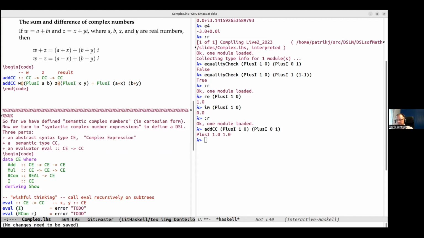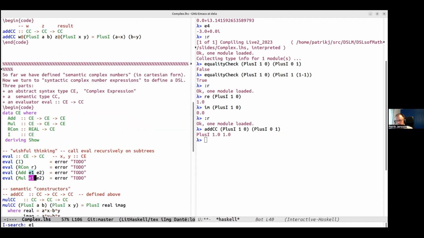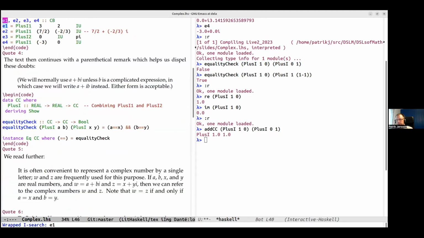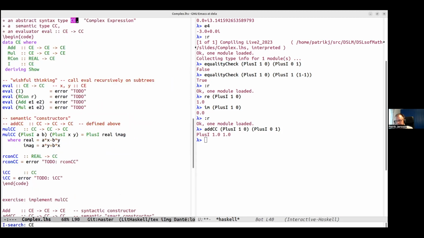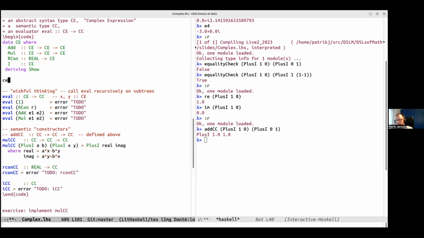So this is a recursive data type. The data type CE consists of basically trees. So we can give some example expressions here. Let's write some expressions ourselves. So complex expression 1 is of type CE.